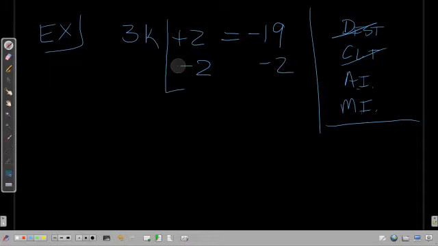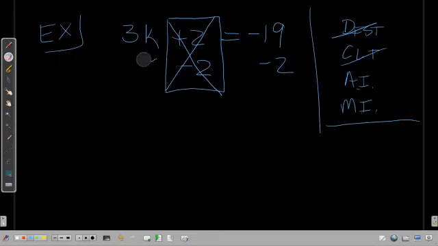And I have chosen that additive inverse of 2 because now these terms would add to 0. Plus 2 and negative 2 would add up to 0. And so I don't have them. So then the only term left on the left-hand side would be the 3k.